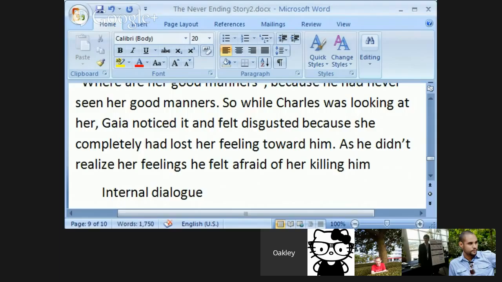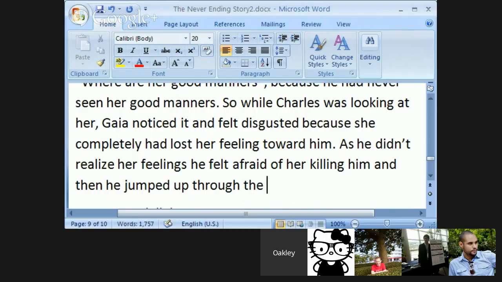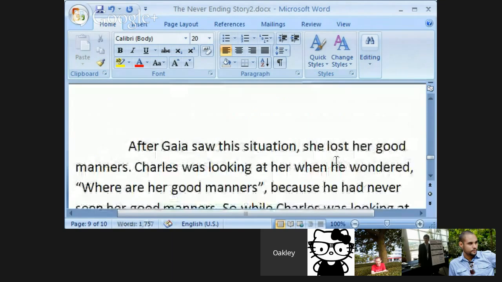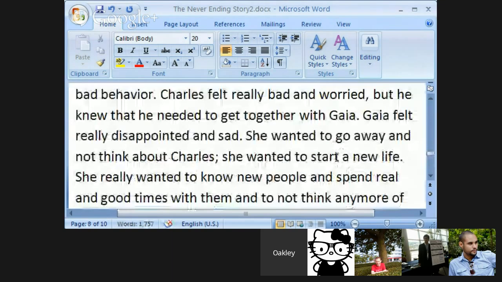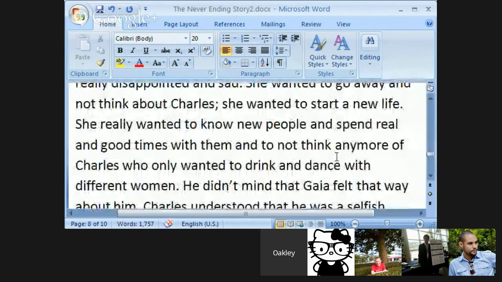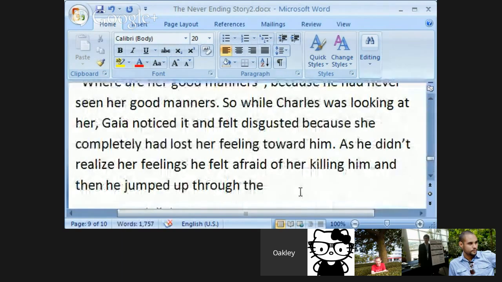And then he jumped up through the hut's roof. Where is he? Is he in a hut? I don't really know where they are. Okay. To their house's roof.